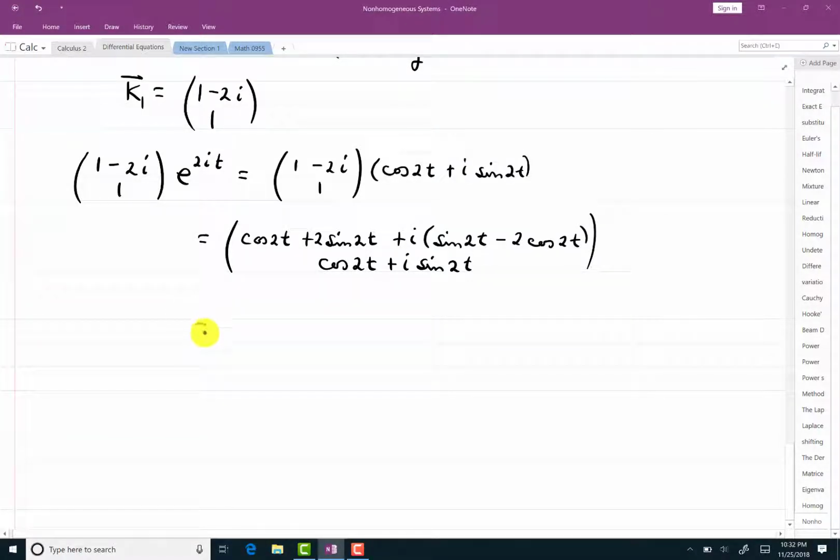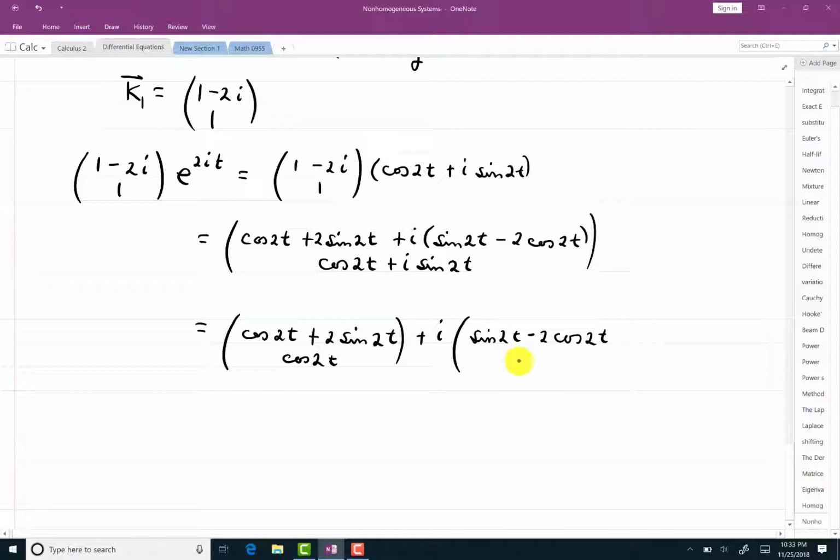And then when you break this up into the real and imaginary parts, you'll get cosine of 2t plus 2 sine of 2t, cosine of 2t, plus i times sine of 2t minus 2 cosine of 2t, sine of 2t. This allows me to write my complementary solution.